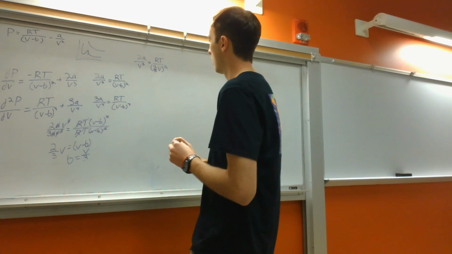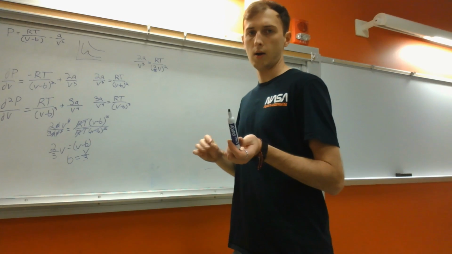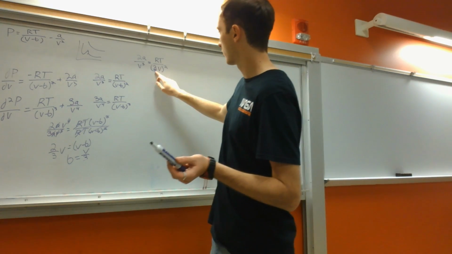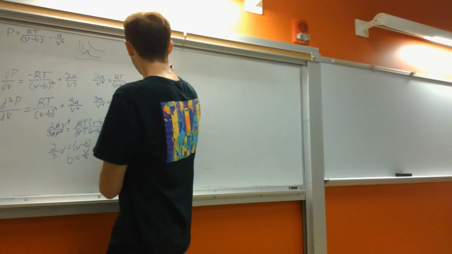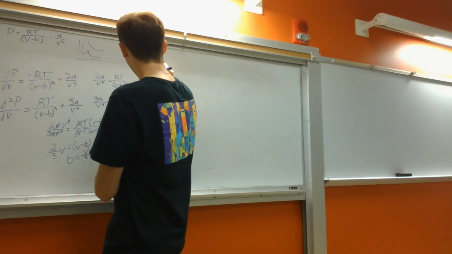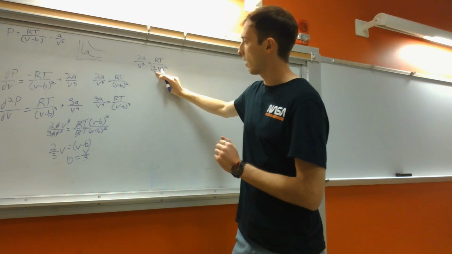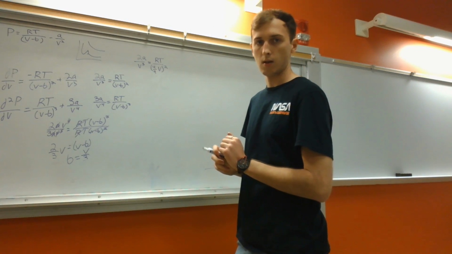And then for simplification moving forward, I'm going to make this 2/3 squared 4 over 9, so everybody can see that.